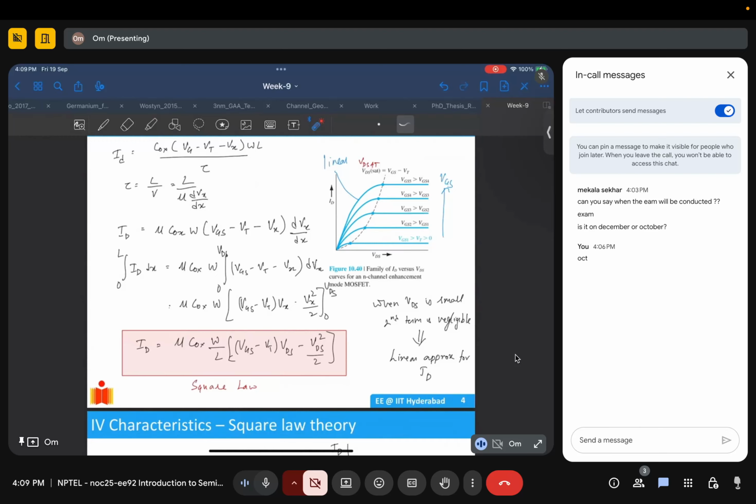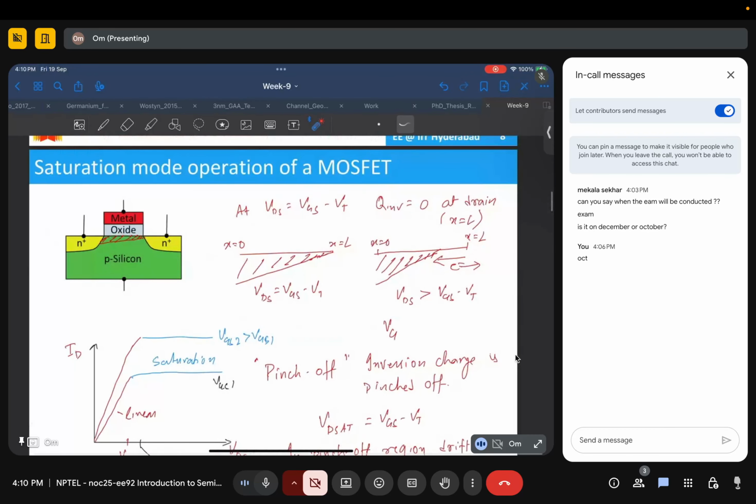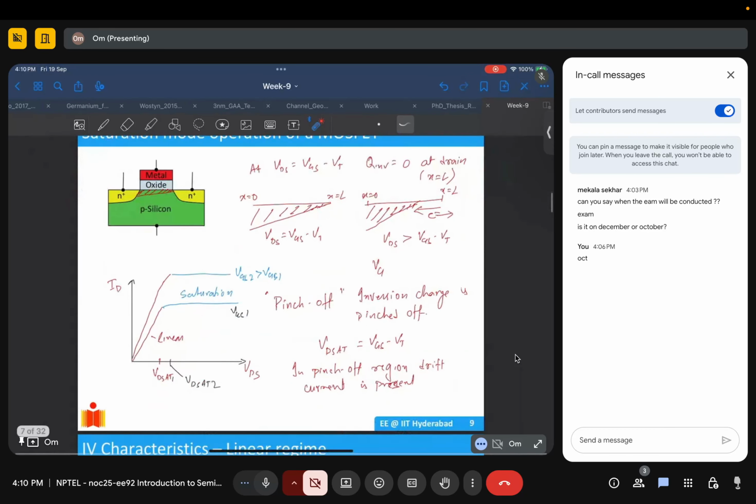From this ID versus VDS graph, how current changes with drain voltage, you can see all this part is linear and all this part is saturation. In saturation, the current has become constant. Why this happens, if you remember from the lectures, is due to the pinch-off condition.